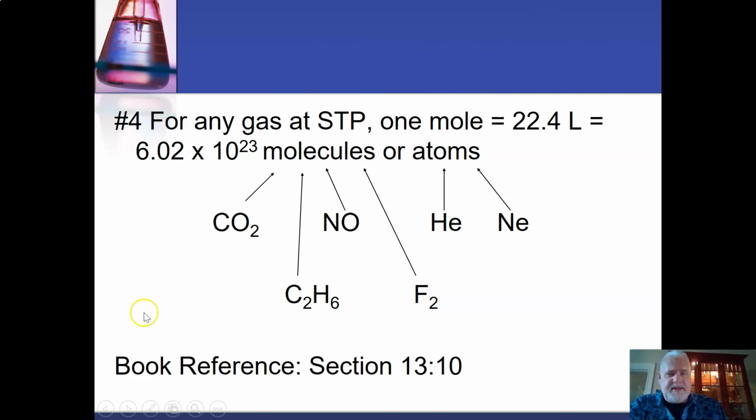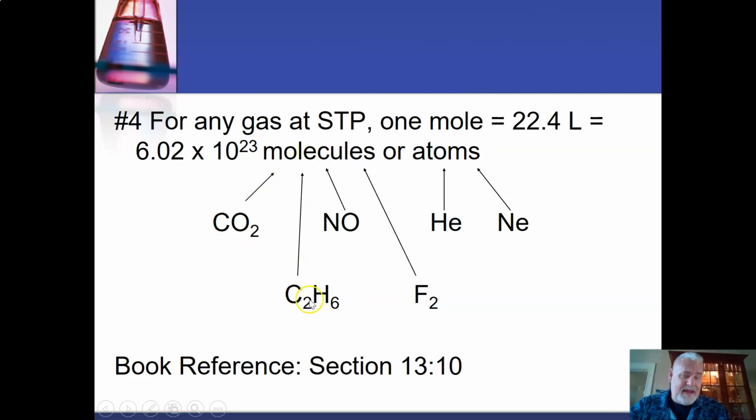And this is making a statement that for any gas, no matter what gas you're talking about, if you're at standard temperature and pressure, 1 mole will equal 22.4 liters. And that is 6.02 times 10 to the 23rd molecules, like CO2 is a molecule.